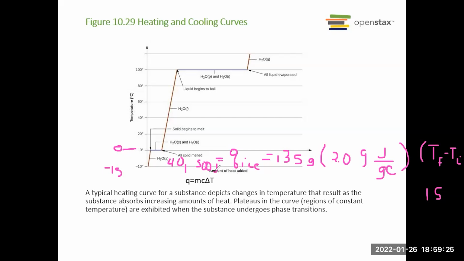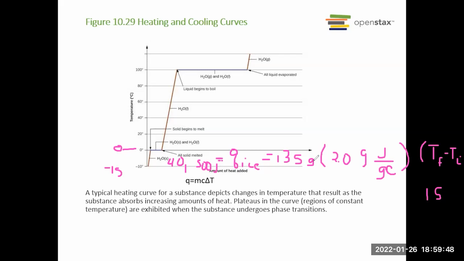Let me try this again. 15 times 2.09 times 135. Okay, I get 4,232.25, right?